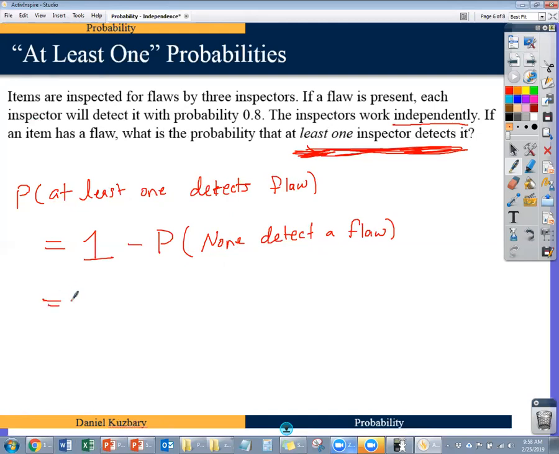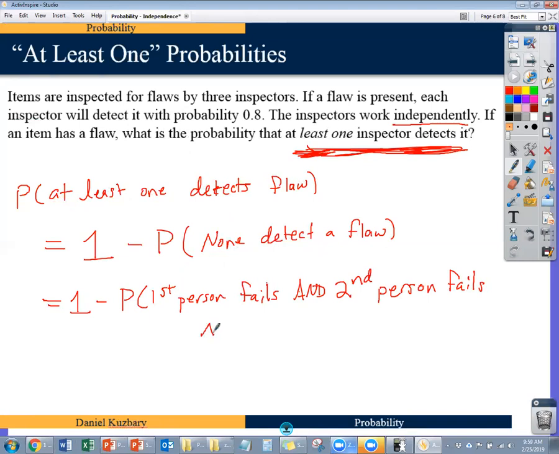So let me rewrite that none probability this way. This is the probability that the first person fails to find a flaw, and the second person fails to find a flaw, meaning there's a flaw and we missed it, and the third person fails to find a flaw.